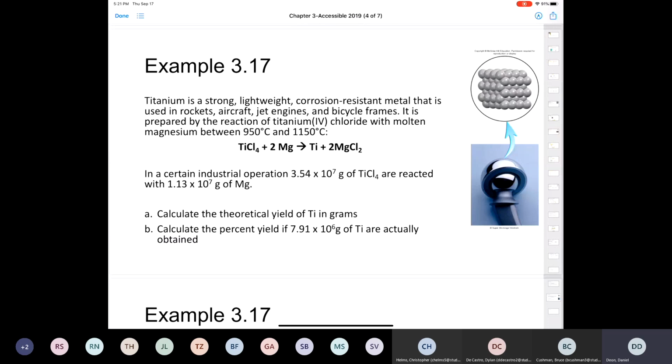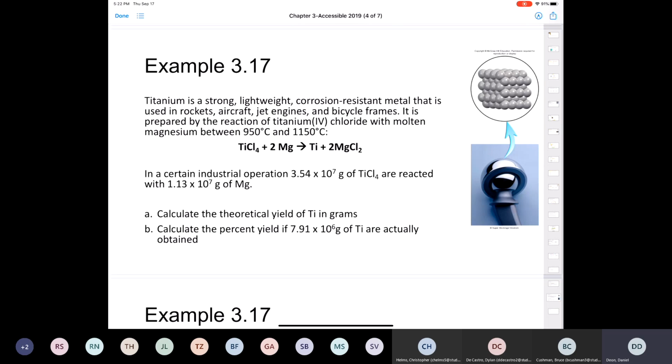It says titanium is a strong, lightweight, corrosion-resistant metal that is used in rockets, aircraft, jet engines, bicycle frames. If you're into camping, sometimes you can buy titanium cookware because it's really light if you want to go hiking. It is prepared by the reaction of titanium 4-chloride with molten magnesium between 950 and 1,150 degrees Celsius.